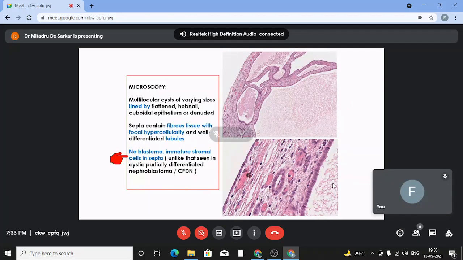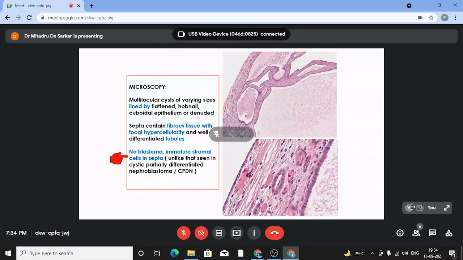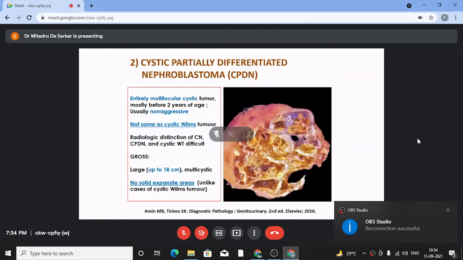We shall be coming on to the significance of those when we move into the next pathology, and that is cystic partially differentiated nephroblastoma.